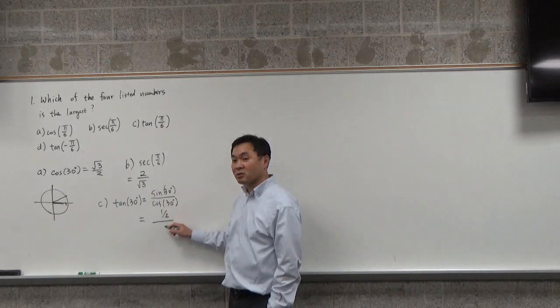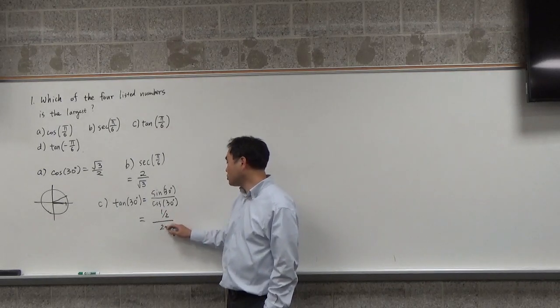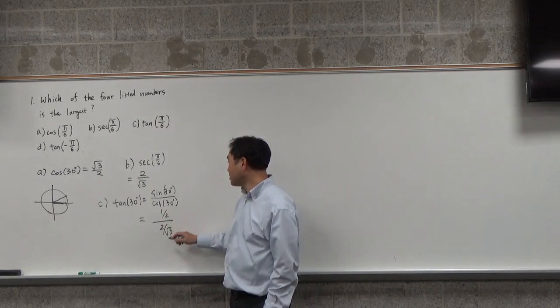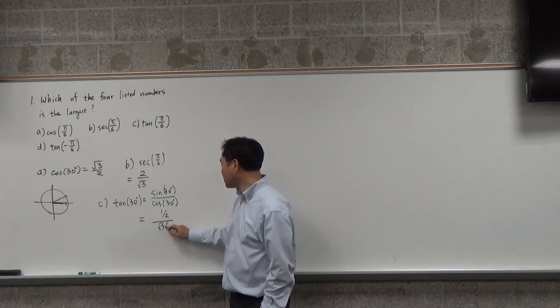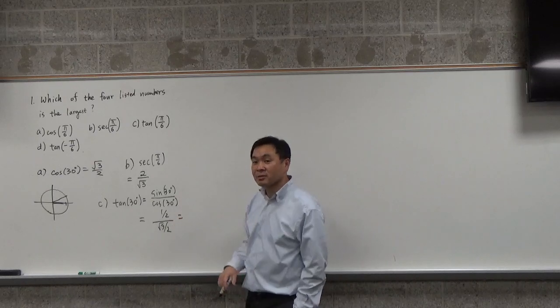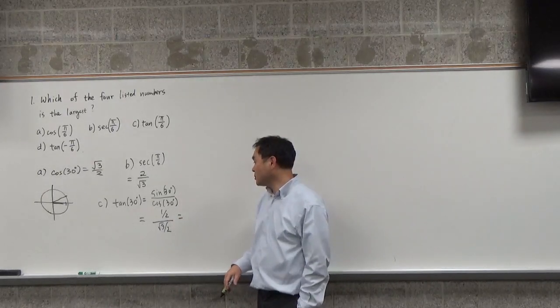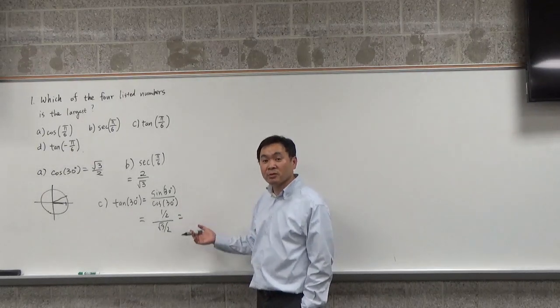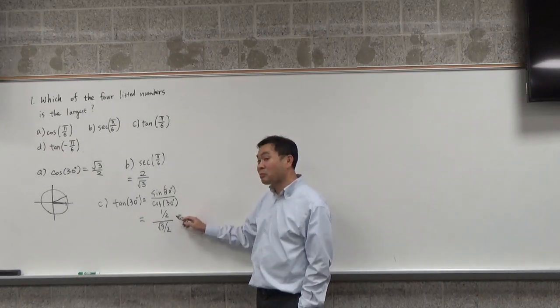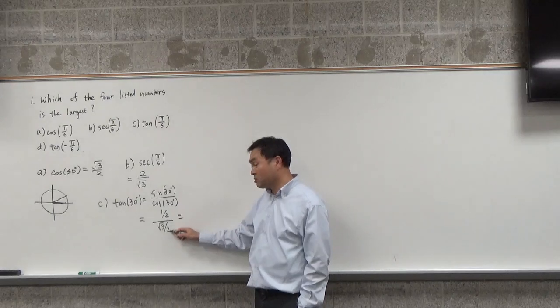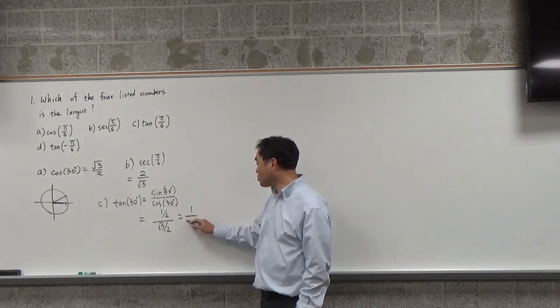And cosine 30 degrees you already know, square root of 3 over 2. Now how do you simplify this? You multiply 2 top and bottom to cancel the 2 in the denominator. So you end up with 1 over square root of 3.